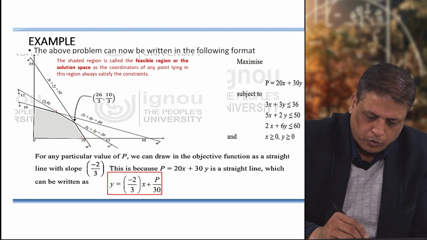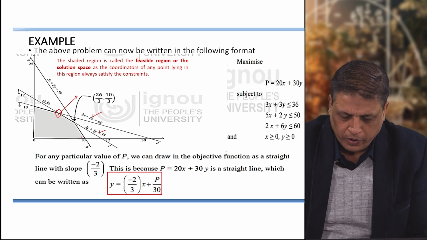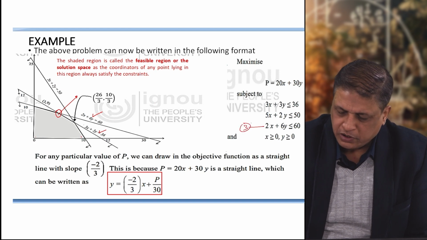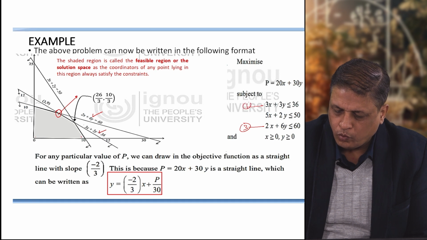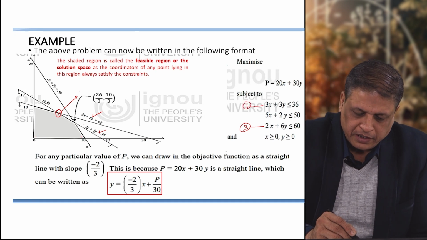Now, look at this point. This point is the intersection of 2 lines, this line and this line: inequality 2x plus 6y, that means inequality 3, and 3x plus 3y, that is inequality 1. So this point is the intersection of inequality 1 and inequality 3.